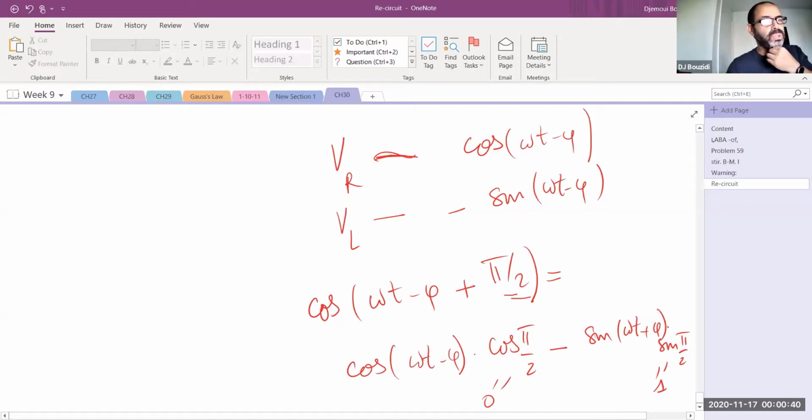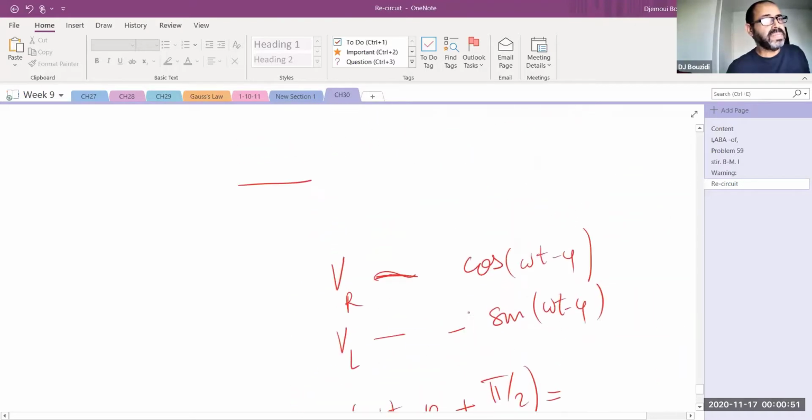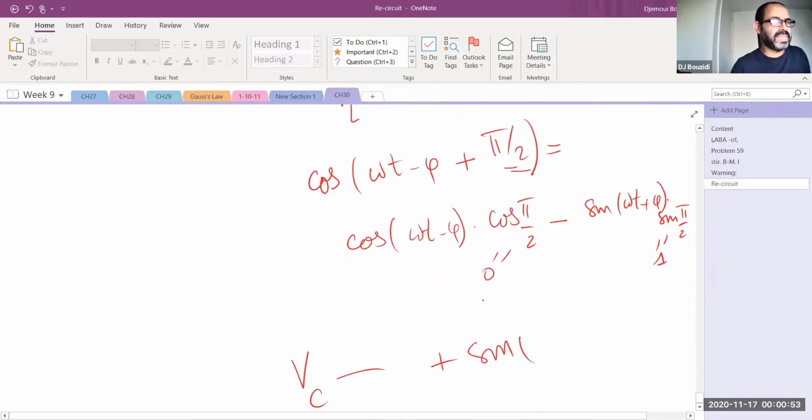The same argument holds true for the capacitor. The capacitor VC is the same thing, except it's a positive sine of the same thing, omega t minus phi. Following this argument, I can do the same thing in here.